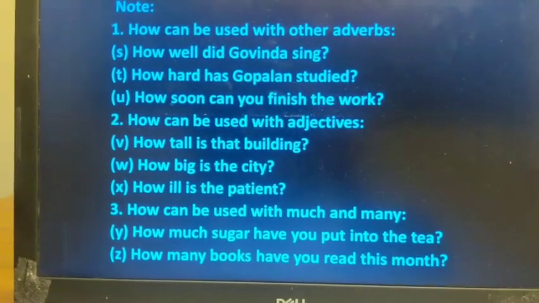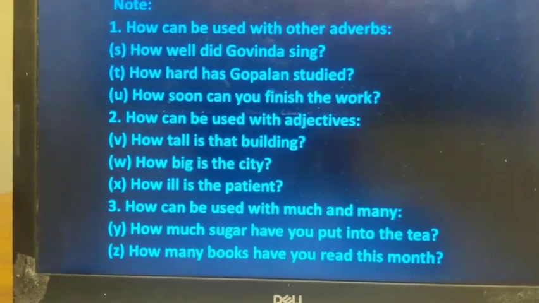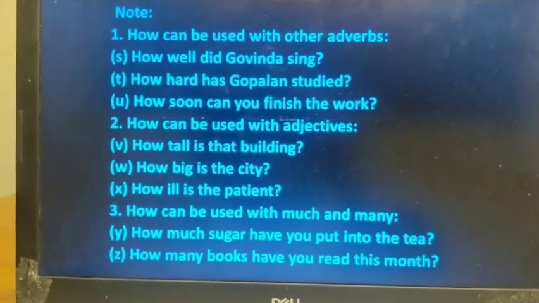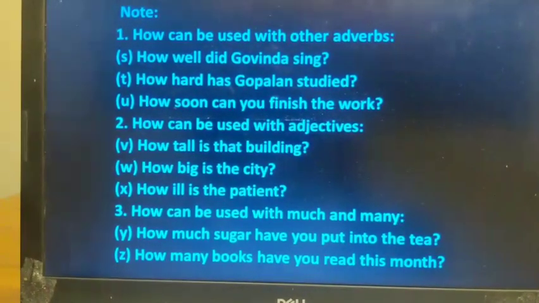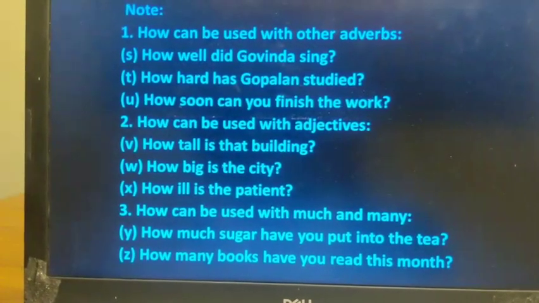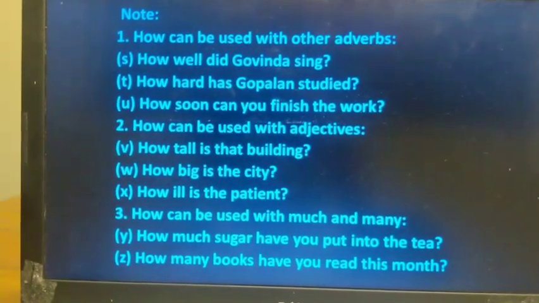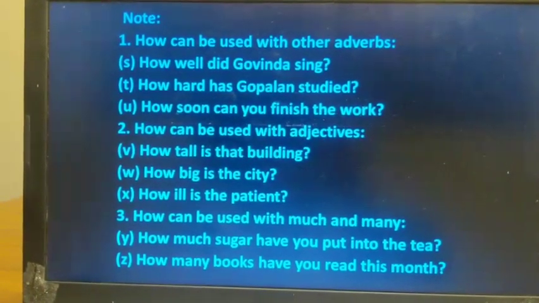How again is helping us ask a question, and big is the adjective over here. It is used along with the adjective. How ill is the patient? Ill is the adjective over here, and how is helping us ask a question to know the state of the patient. How can also be used with much and many.